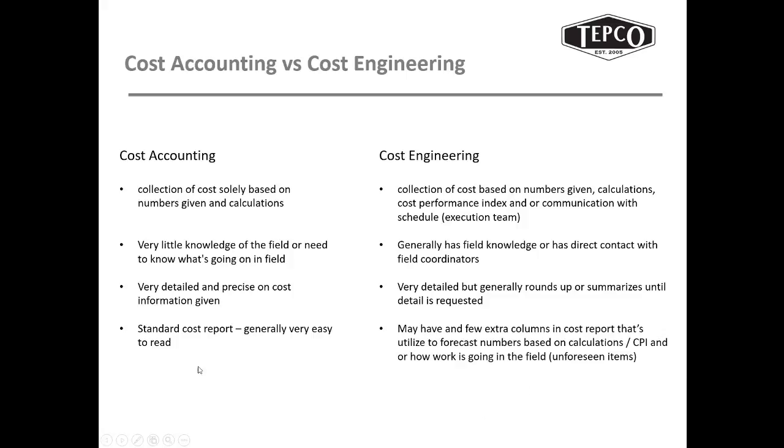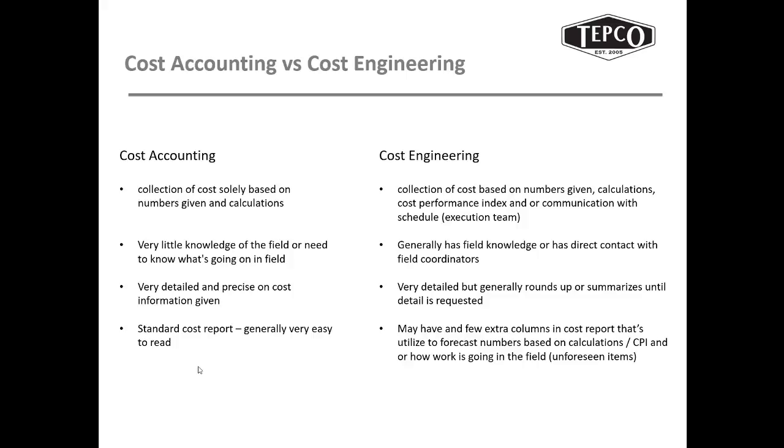From a cost engineering perspective, we try to go that extra step and say, okay, based on where we are today and what we think is going on in the field, or what we've been told, or the productivity that we see, we're forecasting to come up at this number, or use this much of the contingency as we run a contingency drawdown, and we can tell where we're going based on direct contact from the field. So that's the big difference between the two.